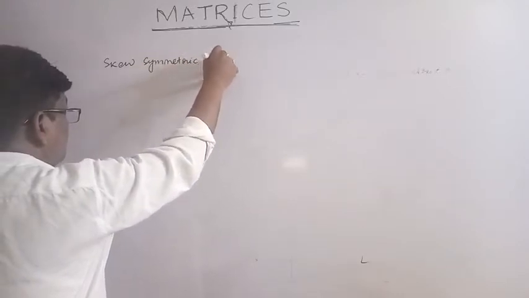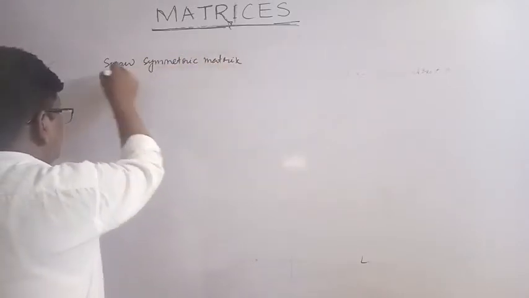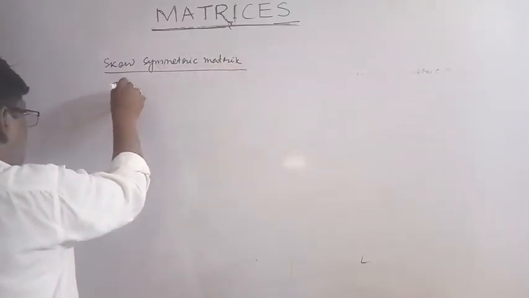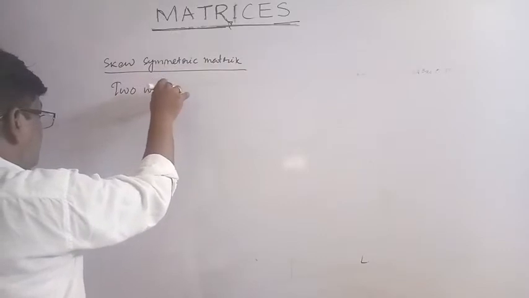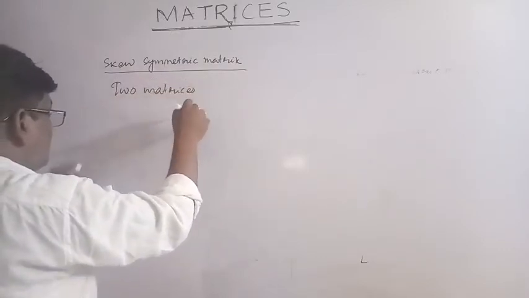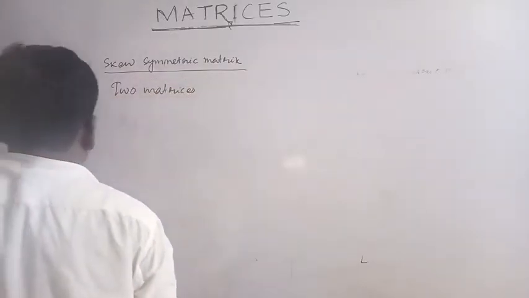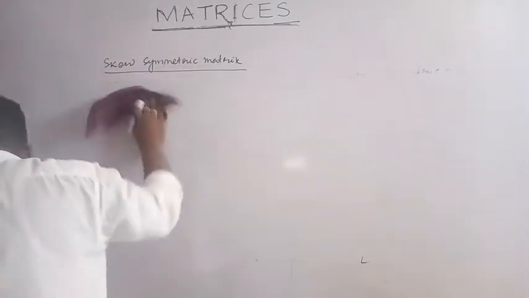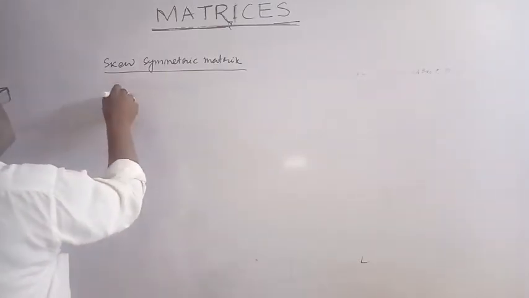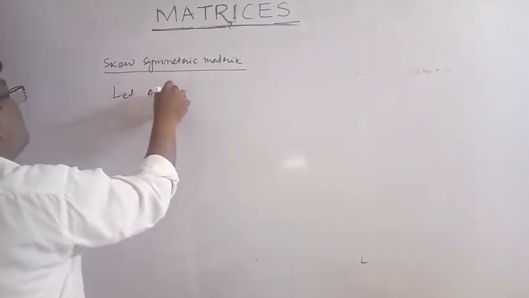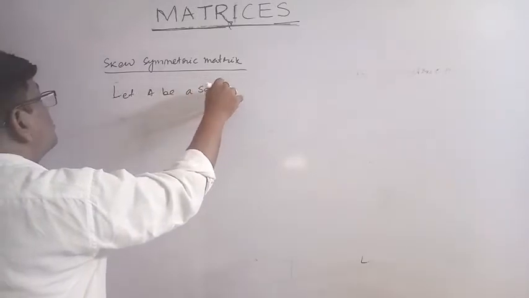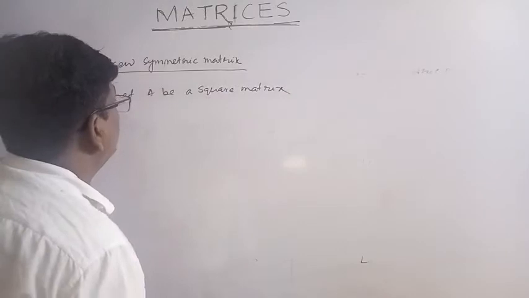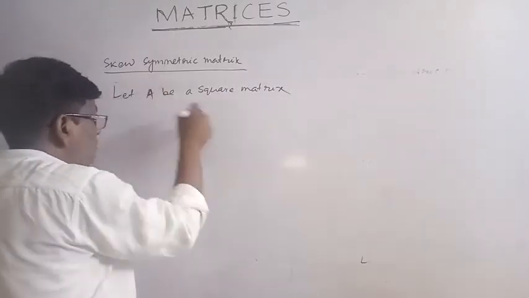Skew symmetric matrix. Let A be a square matrix. Okay. Then A is said to be.